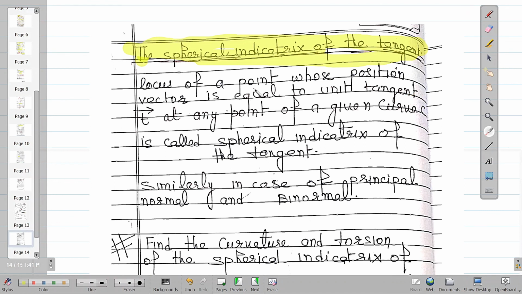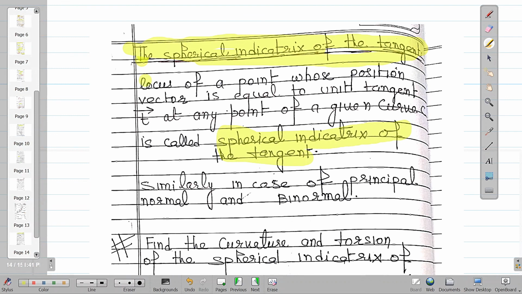It is the locus of a point whose position vector is equal to the unit tangent T vector at any point of the given curve. This is called the spherical indicatrix of the tangent. So remember, this is called the spherical indicatrix of the tangent.